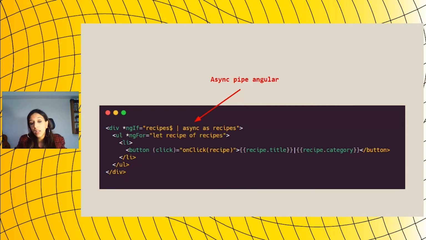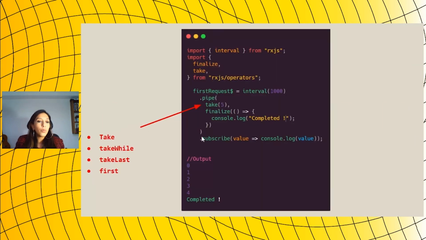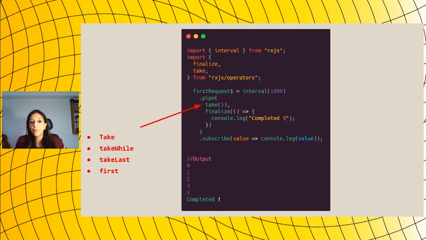This is in the case where you want Angular to manage the unsubscription for you. Now, if you want RxJS to manage the subscription for you, you can use one of those operators, if there's the need to use them. For example, the take operator here. The take operator will emit only 5 values and complete after that.